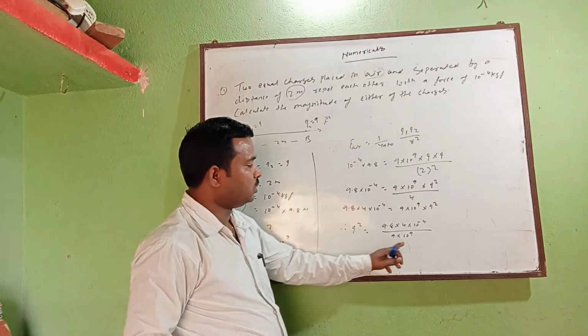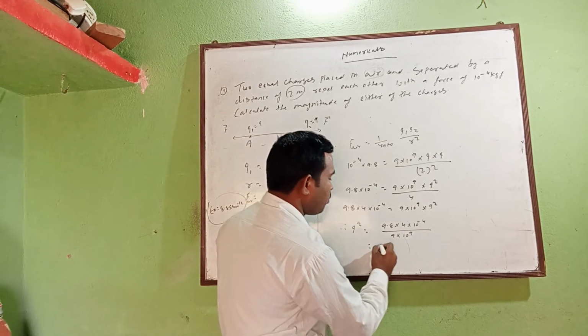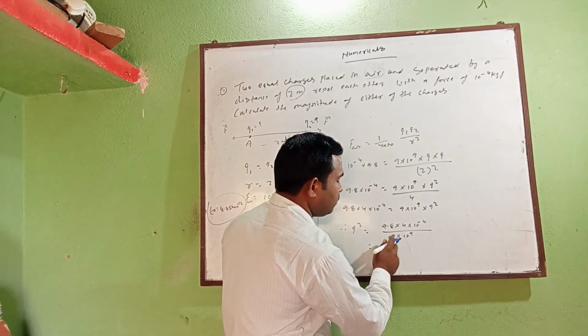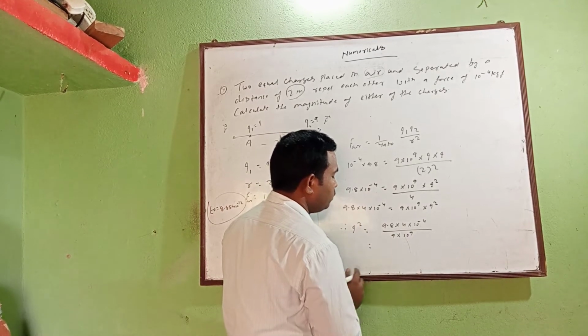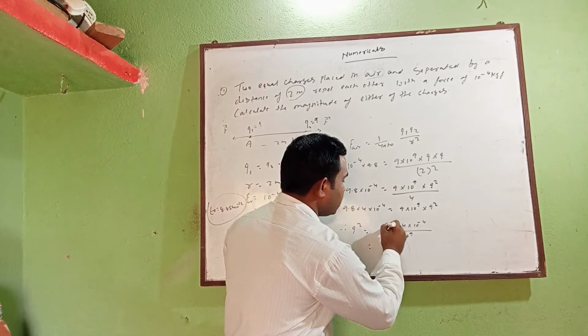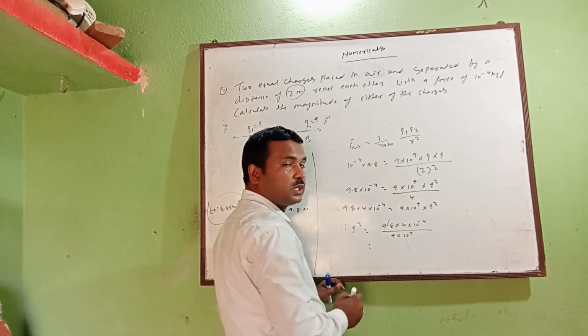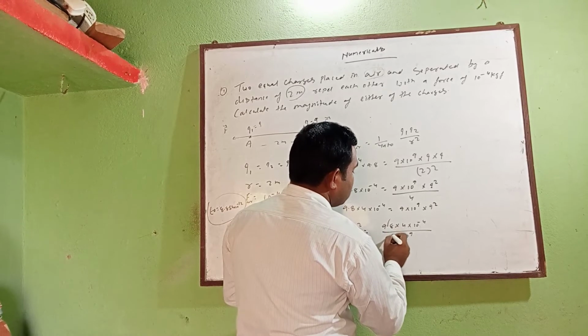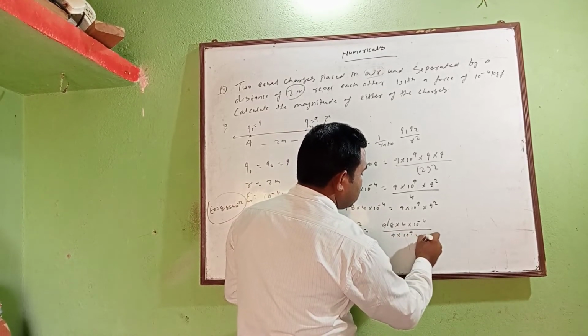You can write this upwards. Then, removing the decimal, here will be 10.